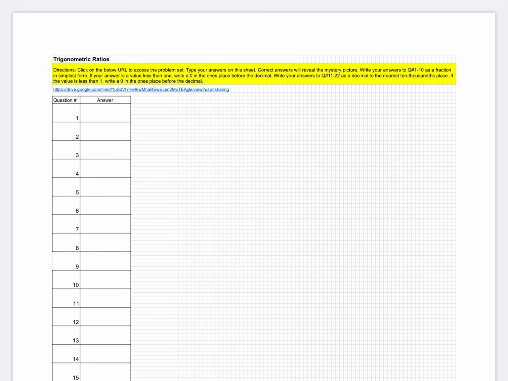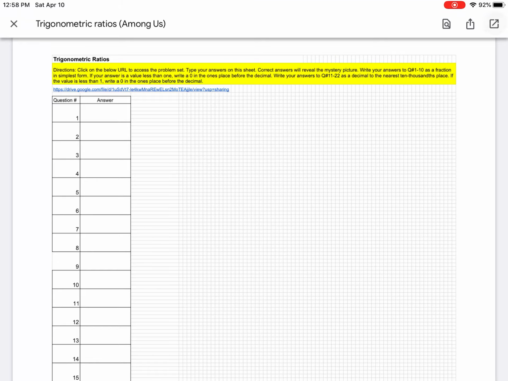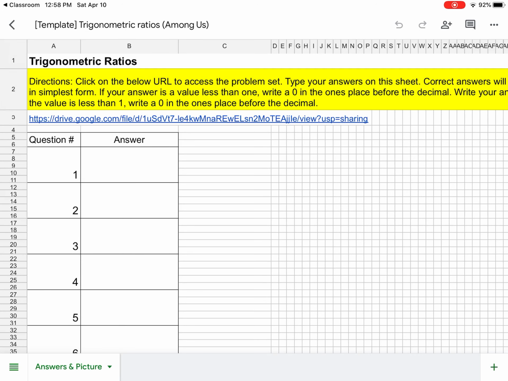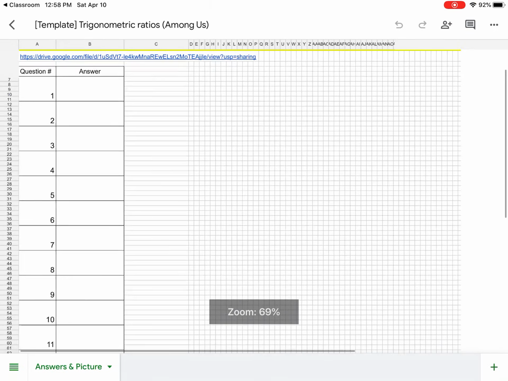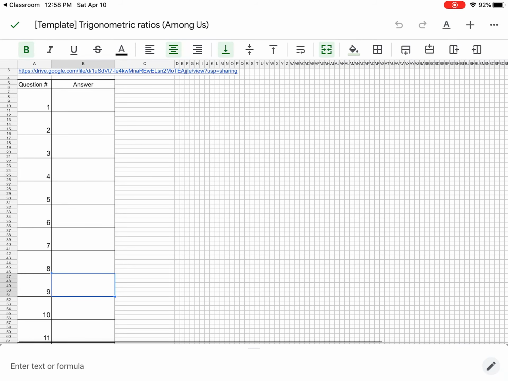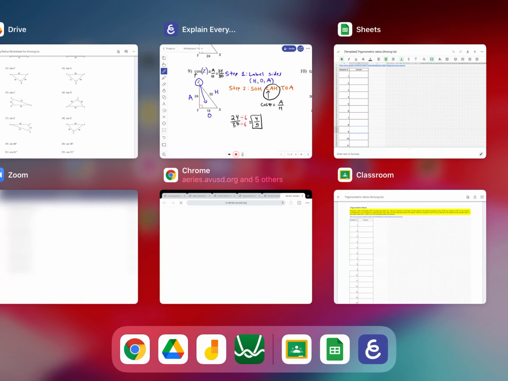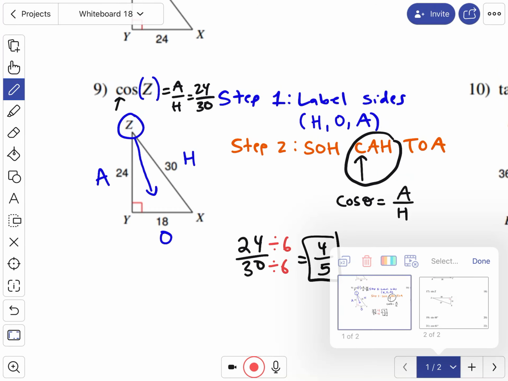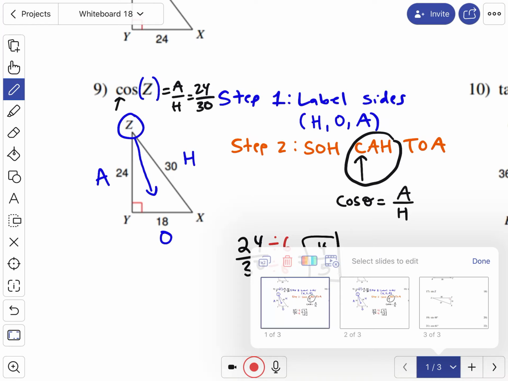Now, this will work next school year. I'm going to actually edit the answer key for this, but I did realize that this answer won't work here if you put 4 over 5. And the reason why is because they basically switched it. I'm going to do this one more time.